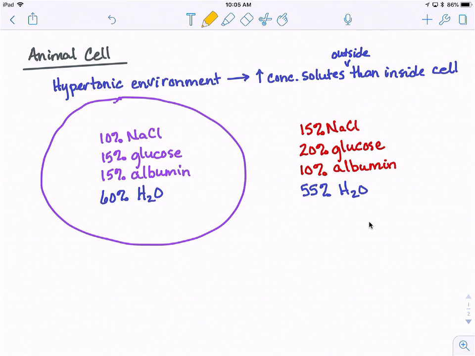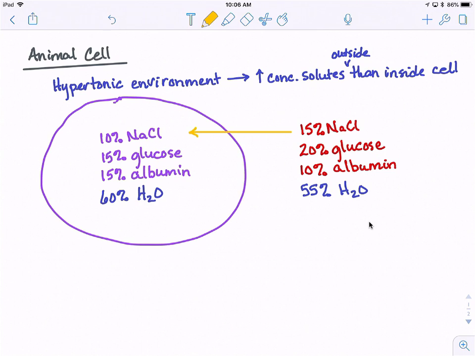So let's take a look at diffusion individually. If they're moving from greater concentration to lesser concentration, just looking at the numbers for NaCl, is NaCl moving into the cell, out of the cell, or is it staying the same? Into the cell. We're going from 15 to 10. And that would stop when it reaches equilibrium, when there's an even amount of NaCl inside and outside.